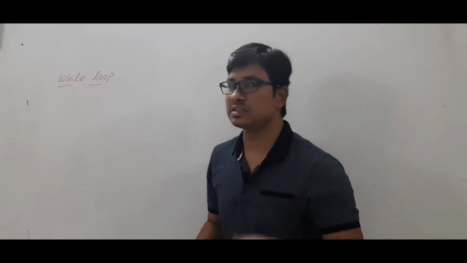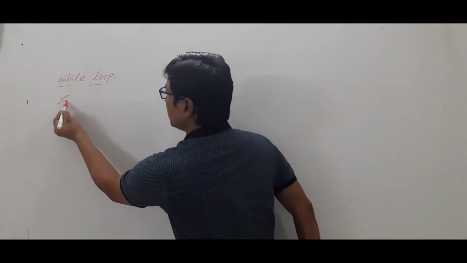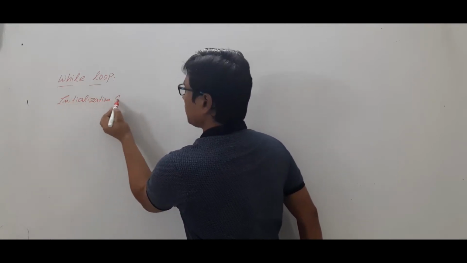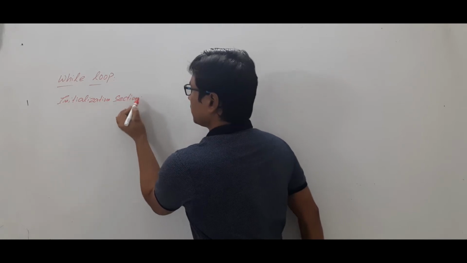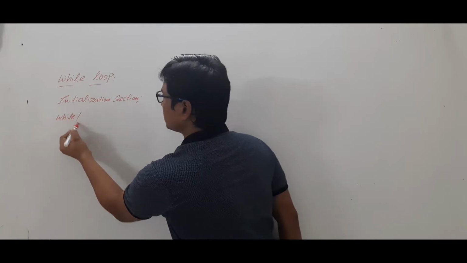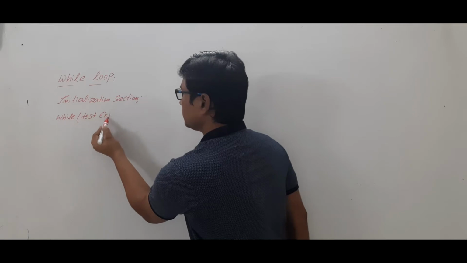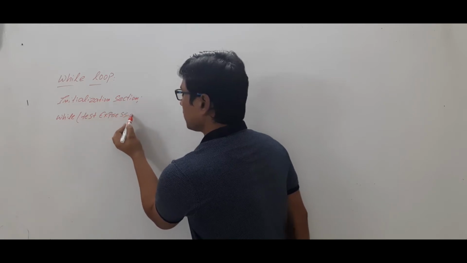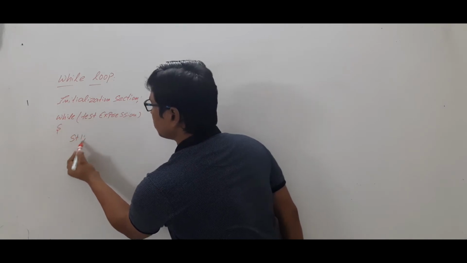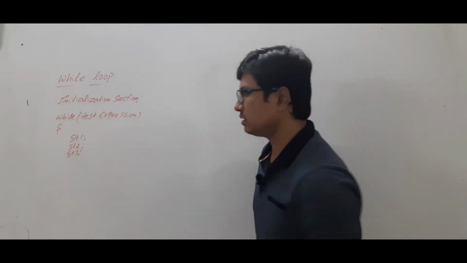Now let me discuss the syntax of the while loop. In the while loop also you will have the initialization section, and then you will have the while, which is a keyword, and then the test expression, and then the statements which you want to repeat: statement 1, statement 2, statement 3, and so on, n number of statements.